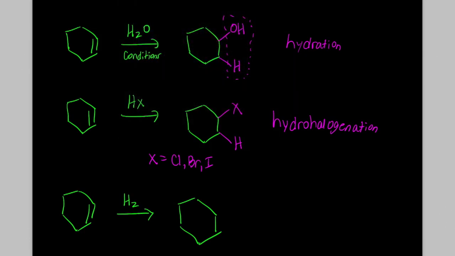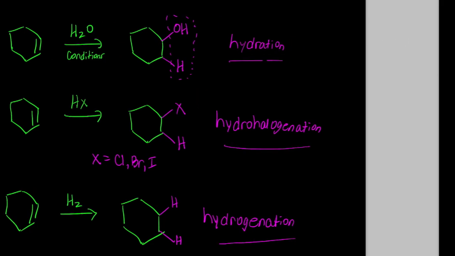We normally don't draw hydrogens, but I need to add them here because I'm talking about it. And this is called hydrogenation. Hydrogenation, okay? And you need catalysts, and there's certain conditions involved, but this gets us started in thinking about all of the names of the reactions.